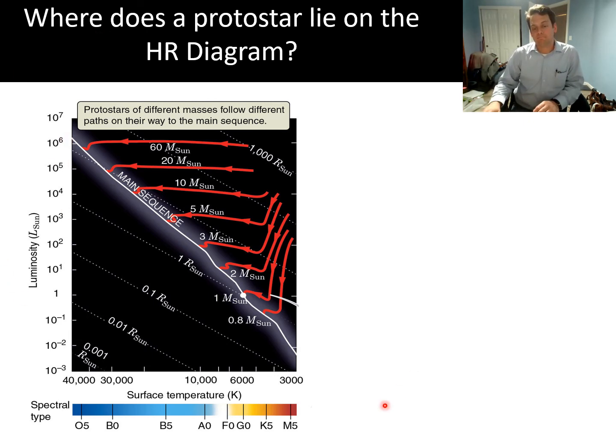So there's a lot of interesting things here, I hope you think. But that's what it looks like for protostars as they approach the main sequence. They follow trajectories that depend upon their mass, and eventually, once they reach the point of ignition, then a star is born and it joins the main sequence.